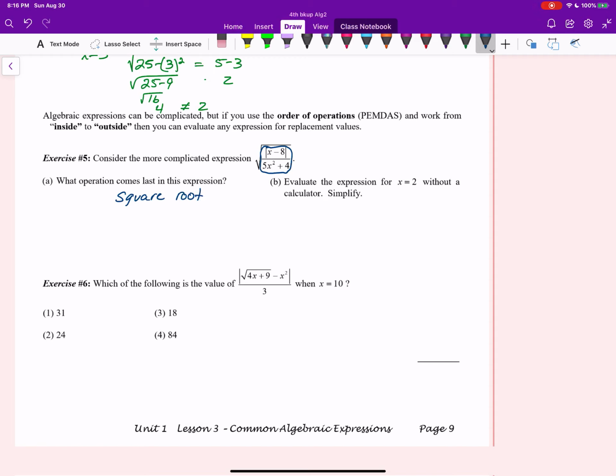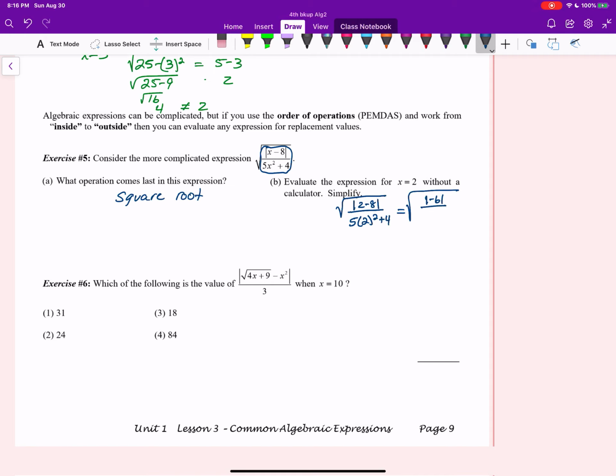Evaluate the expression for x equals 2. Square root of absolute value of 2 minus 8 divided by 5 times 2 squared plus 4. Okay, the numerator, 2 minus 8 is negative 6.